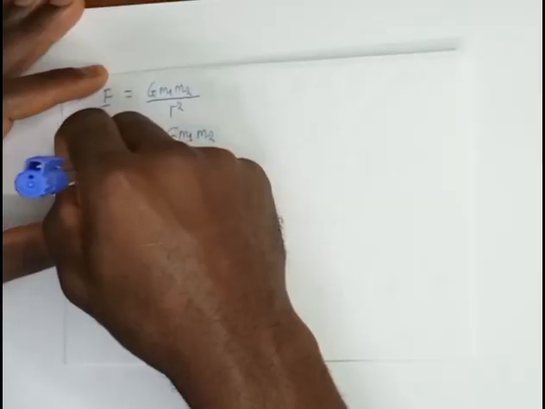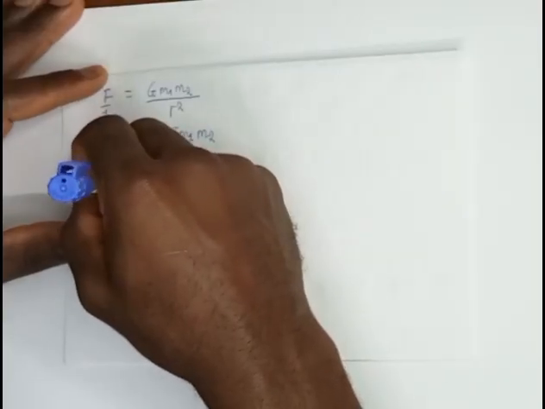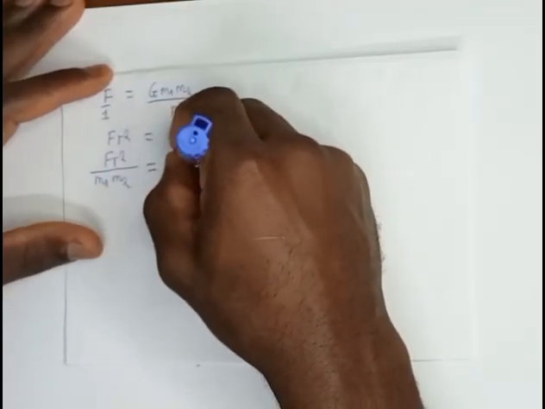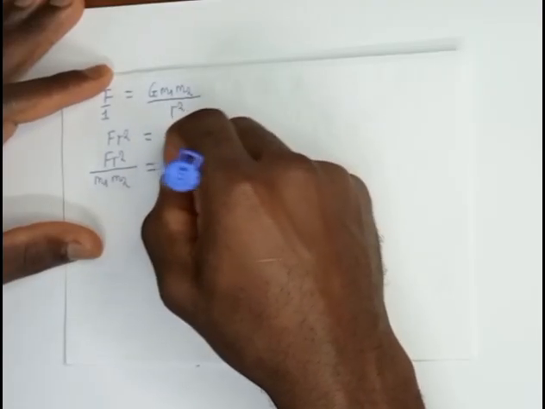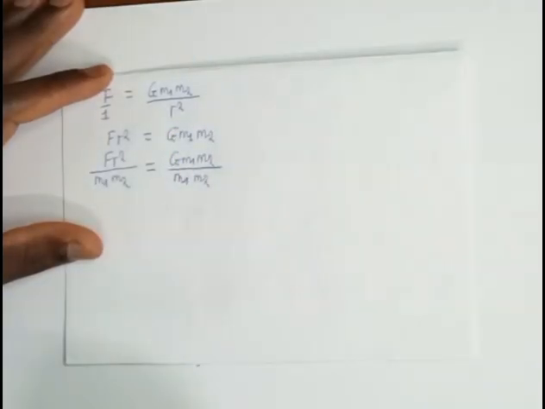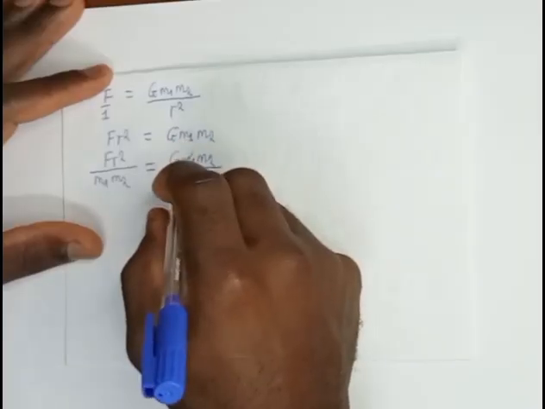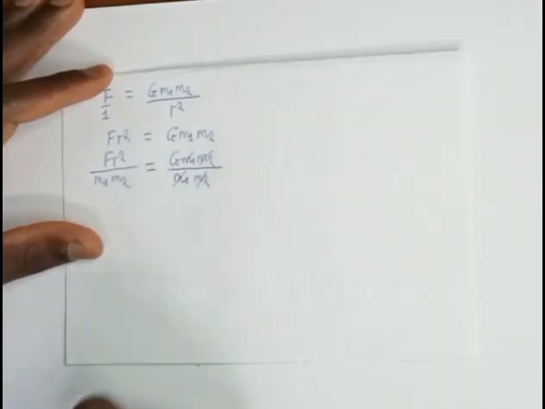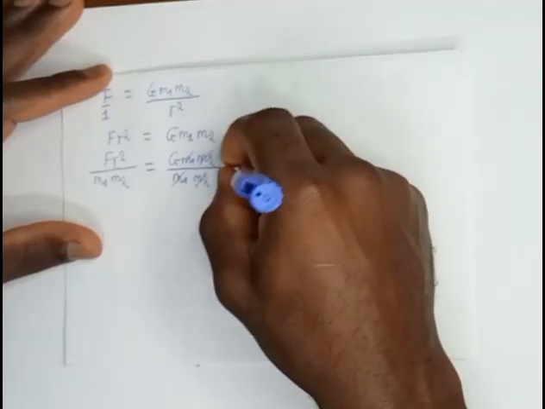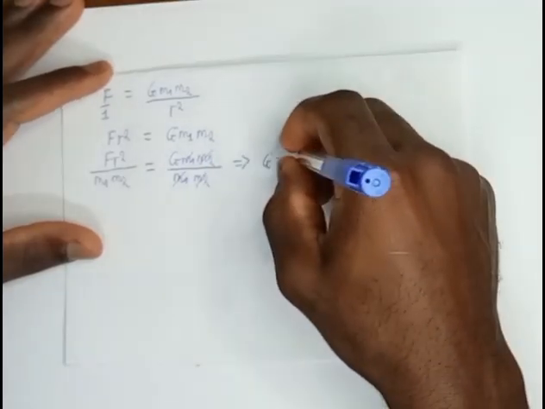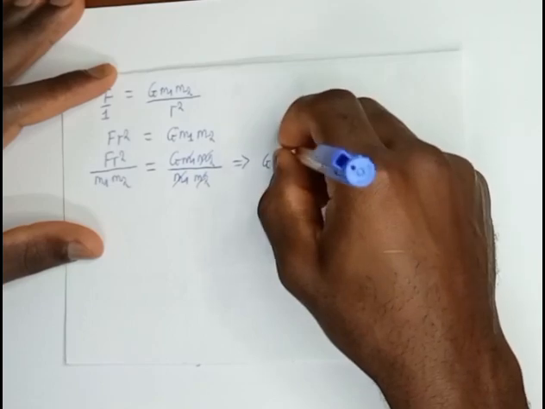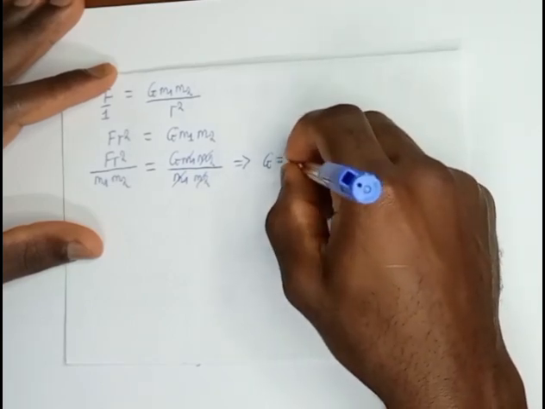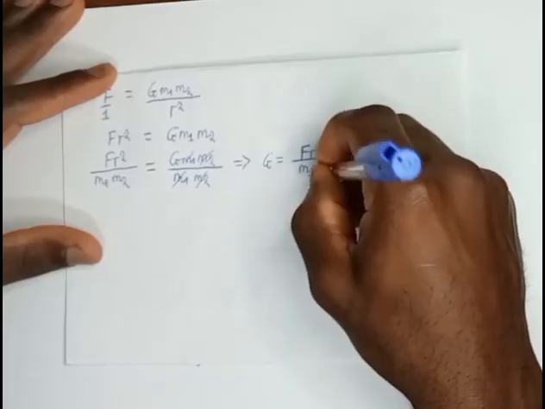F r squared divided by m1 m2 will be equal to G m1 m2 divided by m1 m2. At the right hand side, m1 will strike m1, m2 will strike m2. Then we are going to obtain G to be equal to f r squared all over m1 m2.